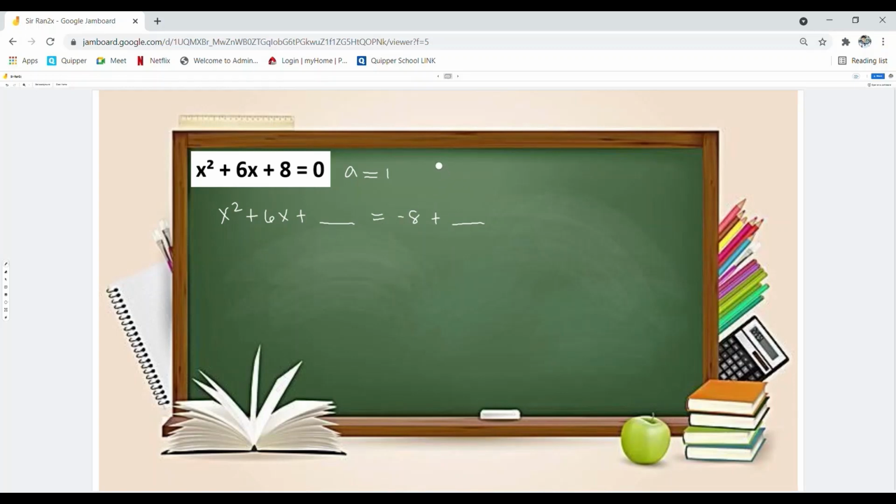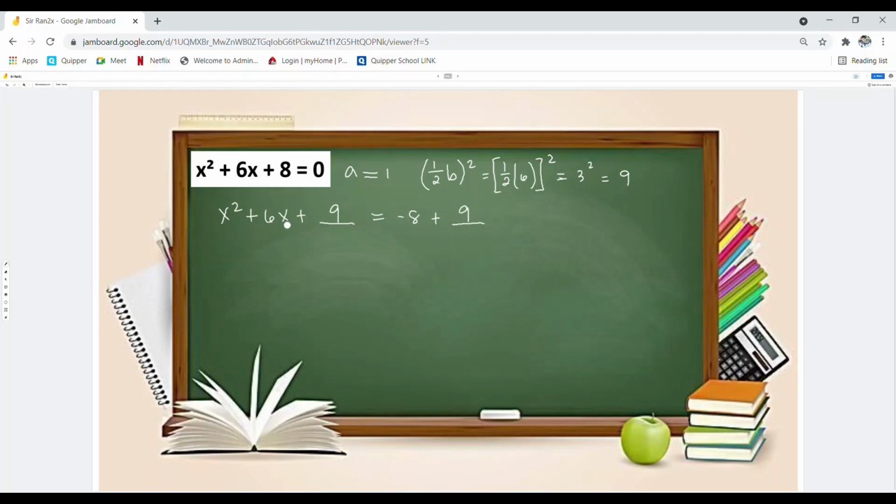Take note, we will get half of b raised to 2 to get our third term. Our b is 6, so 1/2 of 6, then raised to 2. What is 1/2 of 6? That's 3, then squared. That means our third term is 9. So you write 9 here, and you write 9 here also.